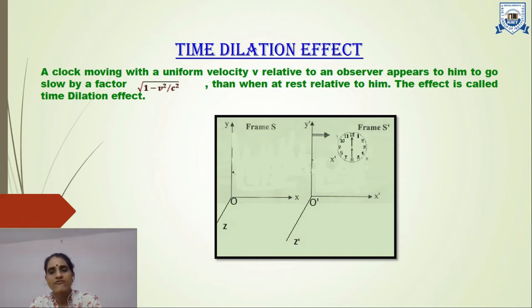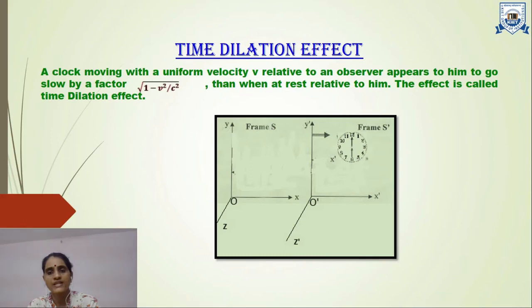In this case, we have considered an event arising in the S dash frame of reference at some position x dash. When the event arises at the position x dash, observers in both frames of reference S and S dash note down their time as t1 in frame S and t1 dash in frame S dash.